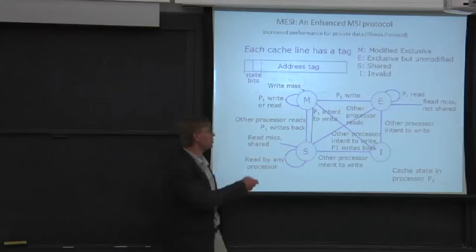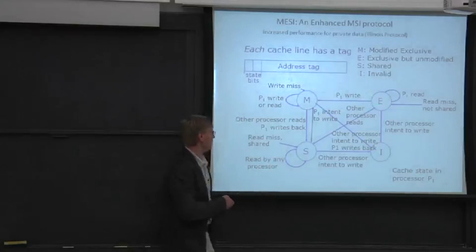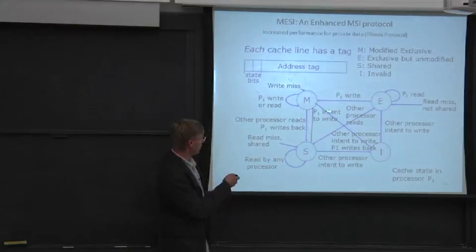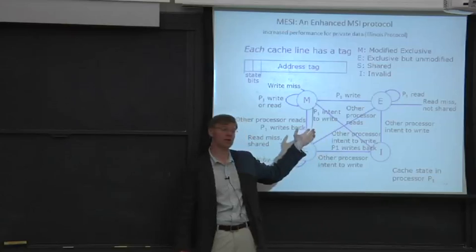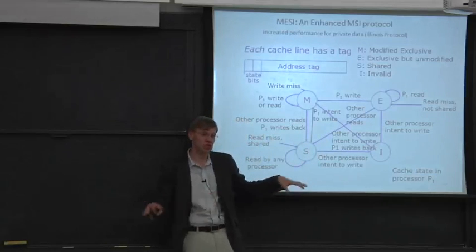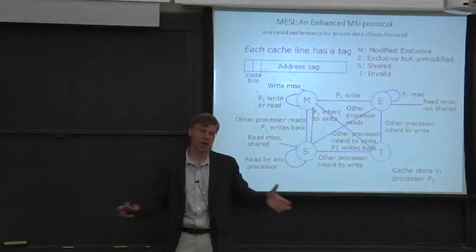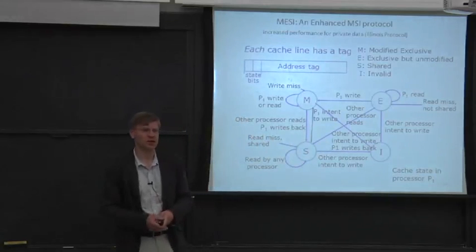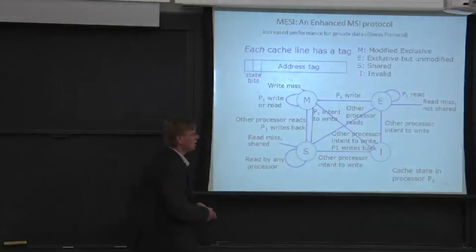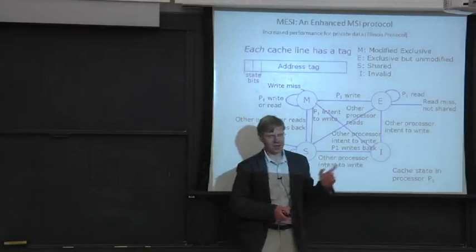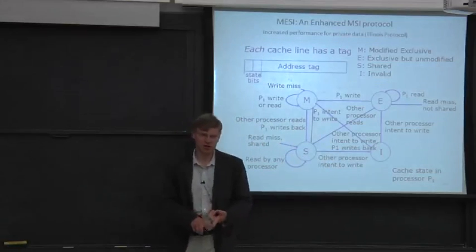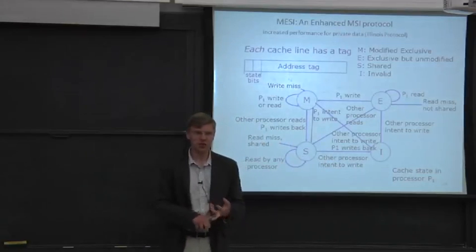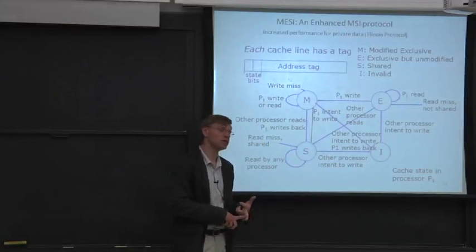And it effectively removes this intent-to-write message that you'd have to send otherwise across the bus, waiting for that address to be snooped on the bus, or seen by all the other entities on the bus. Note, I say entities on the bus. We've been talking primarily about processors the last day, but there could be other entities on the bus that want to snoop the bus.